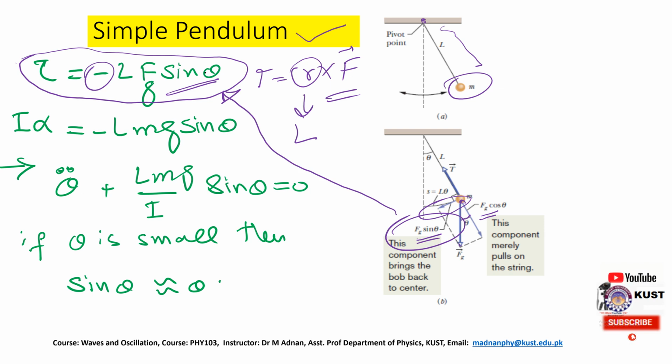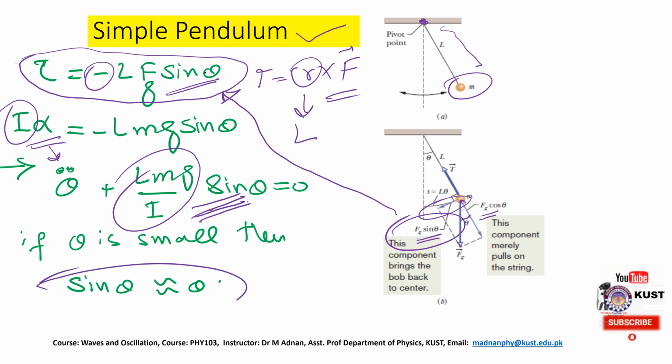So this tau can be written as I alpha, where I is the moment of inertia about the pivot point and alpha is the angular acceleration. Alpha can be written as theta double dot. So this equation becomes theta double dot plus mgL over I sine theta equal to 0.